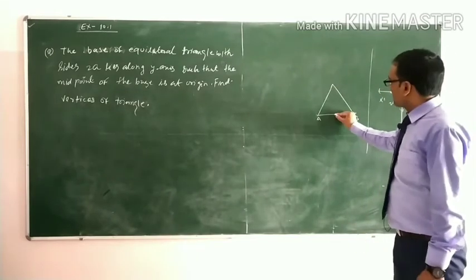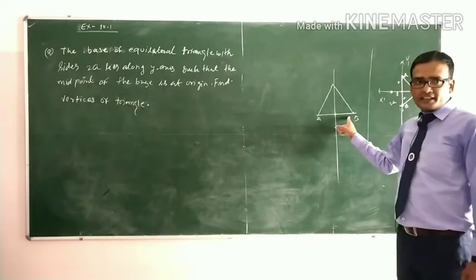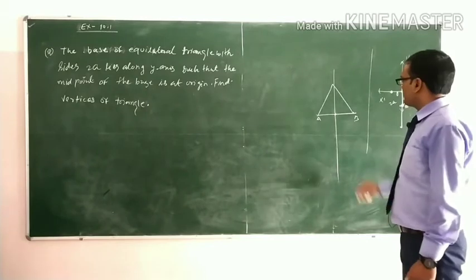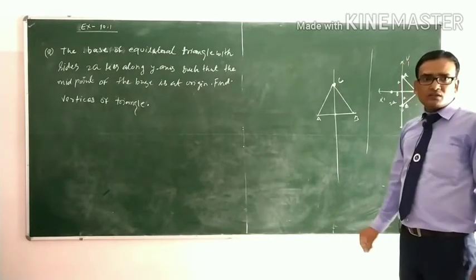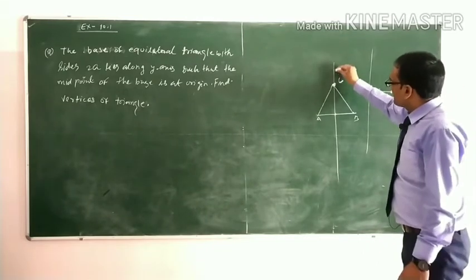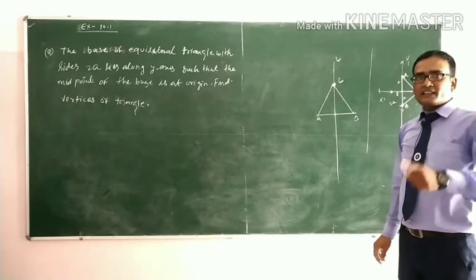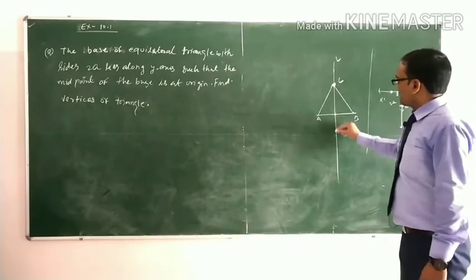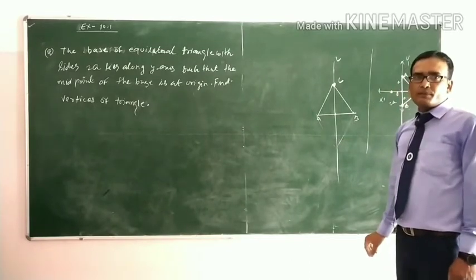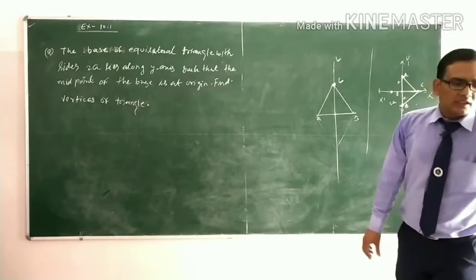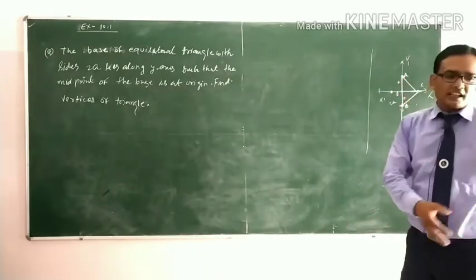If the line L is the perpendicular bisector of AB, then the vertex C is also on line L. Okay students, but the direction of C may be up, may be down, then we draw a figure of equilateral triangle with sides 2a.